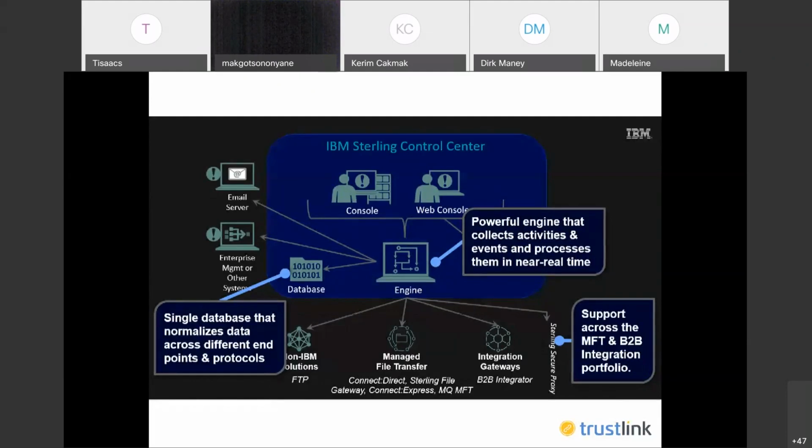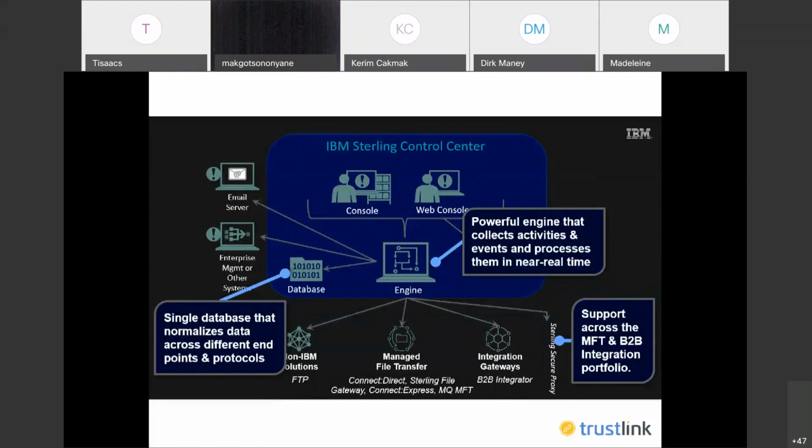So what Control Center is doing is basically consolidating and normalizing all of that data into the single database that provides the foundational piece for some of the things that we do from a reporting perspective, as well as from a rules, SLA management perspective. So we're collating all of this different information from all these different systems and relying on the database that we provide within Control Center to collect and store that information.